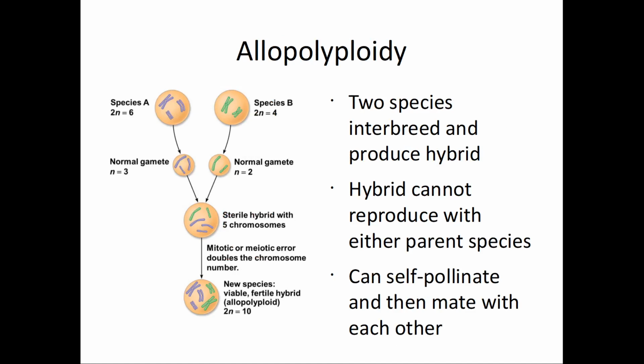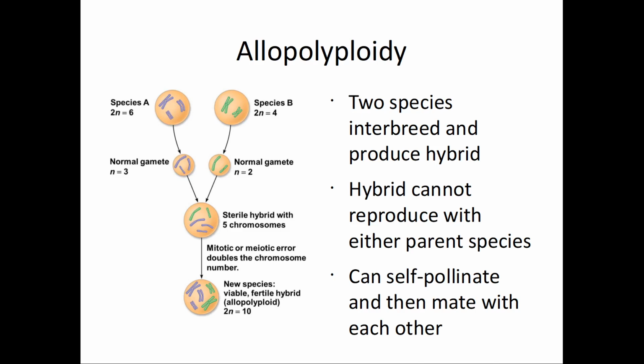Allopolyploidy: you have two species that breed and produce a hybrid. This is basically where you've got two species with different chromosome numbers, so now the hybrid has an odd number of chromosomes.